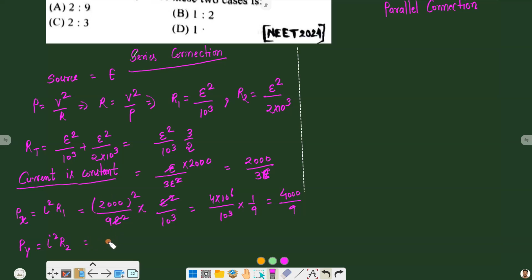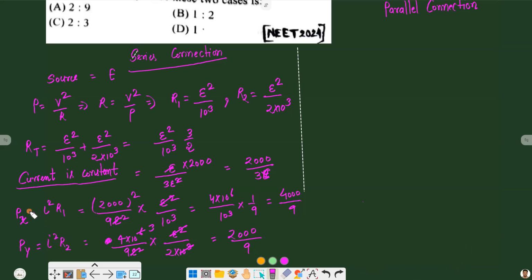So I square will stay the same, 2000 square, that is 4 into 10 raised to power 6 by 9E square, into the resistance of the second heater, that is E square divided by 2 into 10 raised to power 3. E square gets cancelled, and here we will have 2000 by 9.